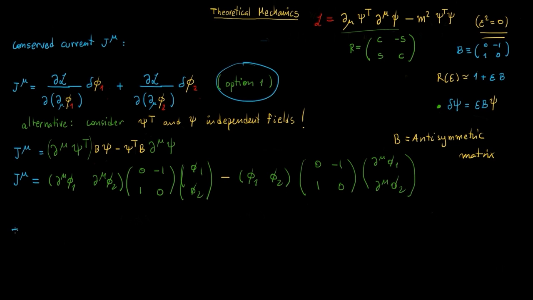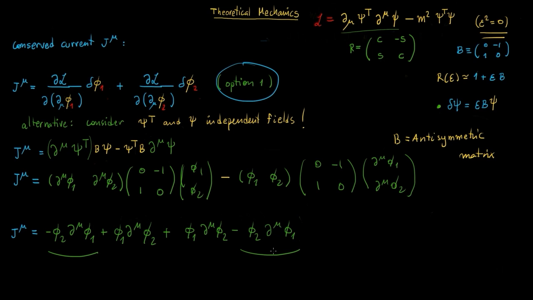Okay, if we multiply it, we get this. And these two terms are the same, and these two terms are the same also. So we get this parenthesis twice. And that's it.